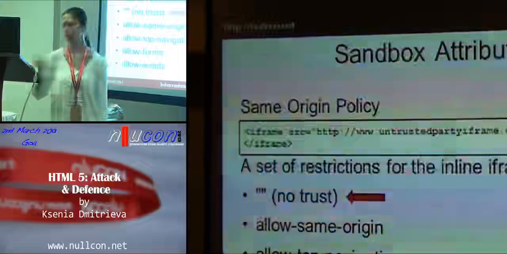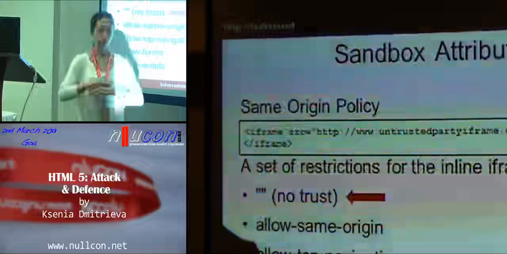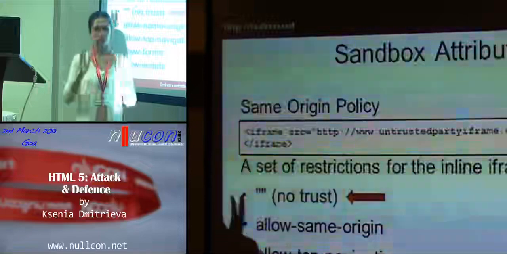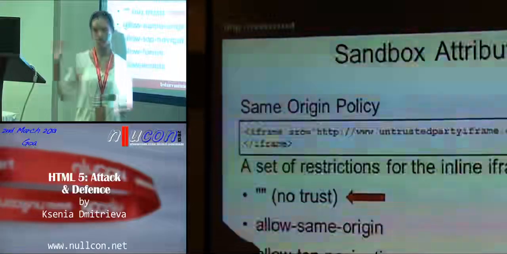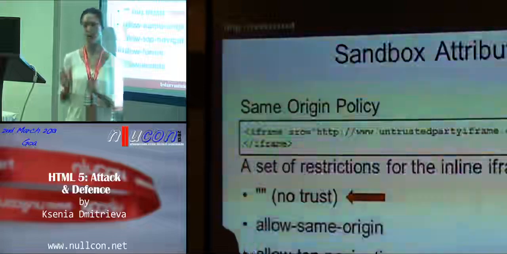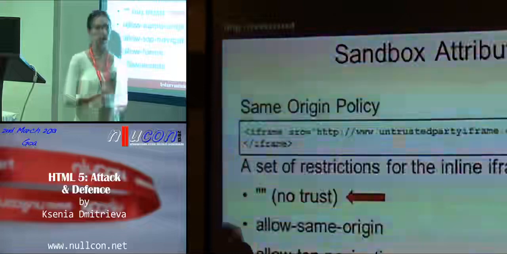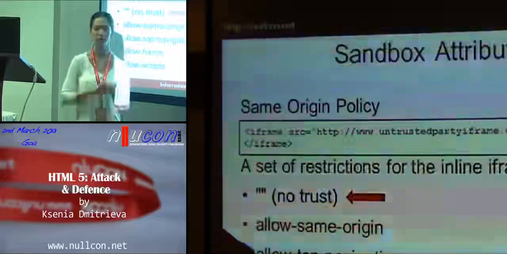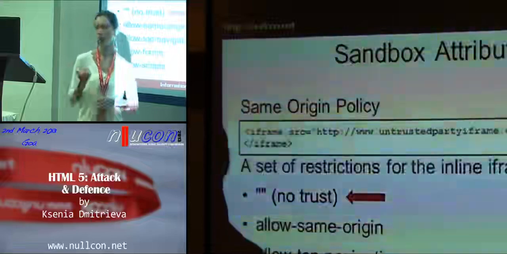Okay. So the other ones are allow-same-origin, which means give all the control. Tell the web browser that this iframe that comes from a third-party malicious domain is from the same origin as the parent document. So it can do anything: read the DOM, modify the DOM, send data, send forms, anything. You can also set it to allow-top-navigation.